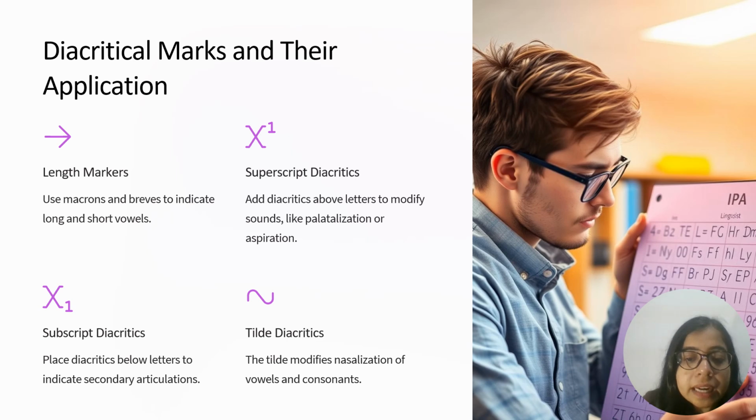Place diacritics above letters to modify sounds, like palatalization or aspiration. Then the X with 1 down, known as subscript diacritics. The upper one is known as superscript, the lower one as subscript. Place diacritics below letters to indicate secondary articulations. When we place a diacritic below the letter, it tells us about the secondary articulation.